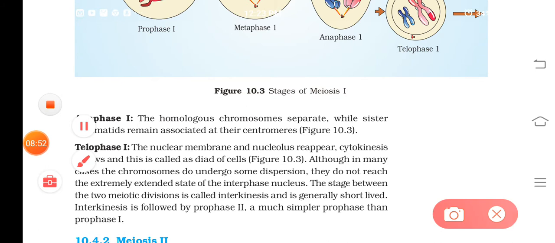What is it? Interkinesis, and it is a short-lived phase, and what will follow it? The prophase 2. That will be followed by prophase 2. Meaning after interkinesis, what will happen? The cell will enter into the next phase, that is the prophase 2, and that will not be as complicated as in the case of prophase 1.